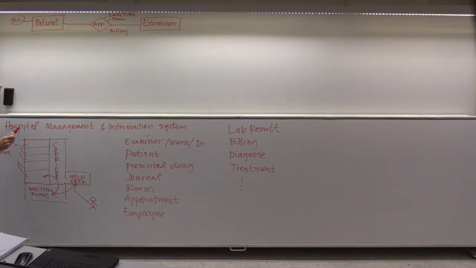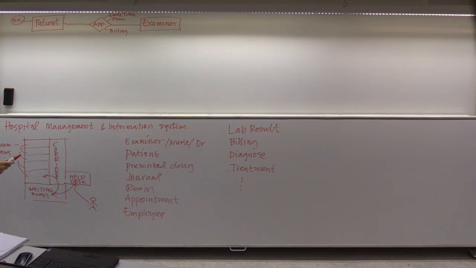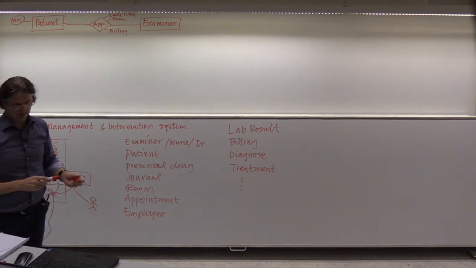So a patient might have an appointment with several examiners, and an examiner might have appointments with several patients. Not necessarily at the same time, but they might have that relationship.